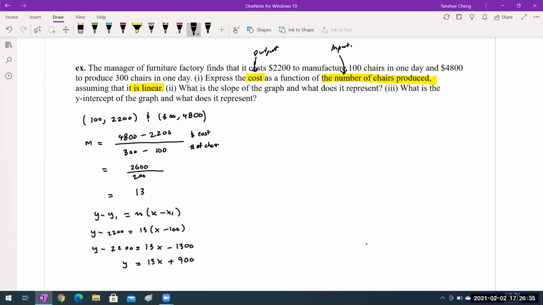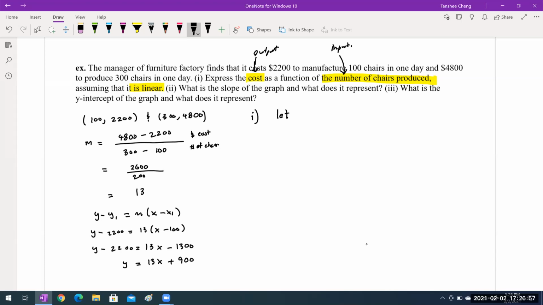So now we have the linear model already, and we're going to write it down in terms of what the question is asking. So here's the first part. You really need to define this. You are at a level where you need to be able to organize, structure, and present it clearly. Okay.